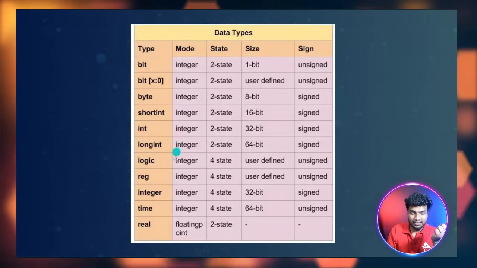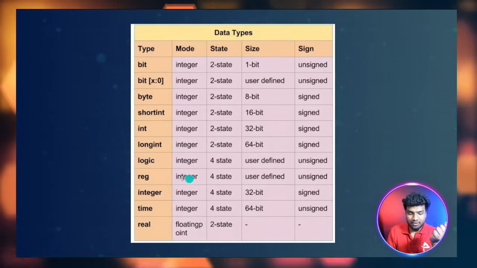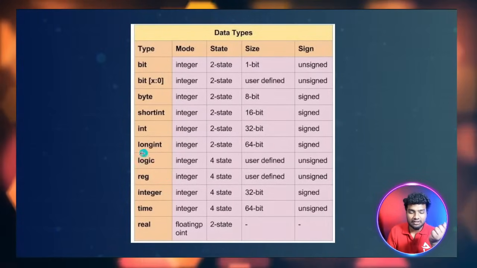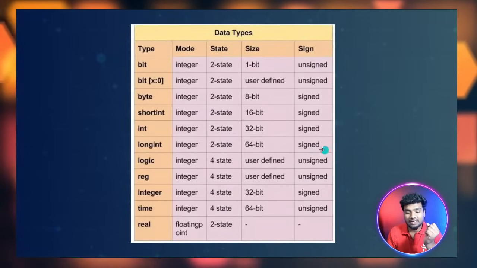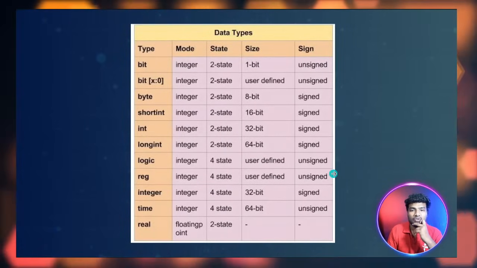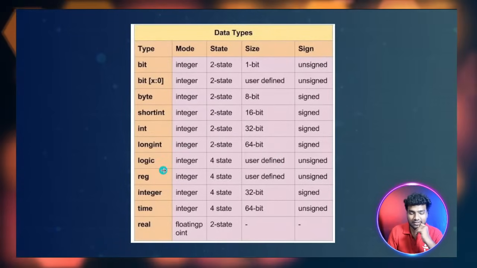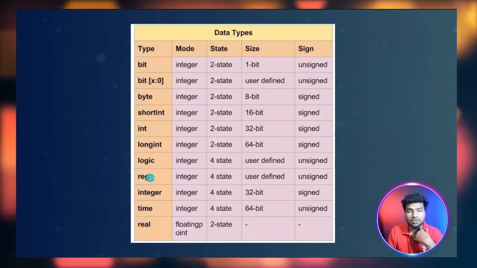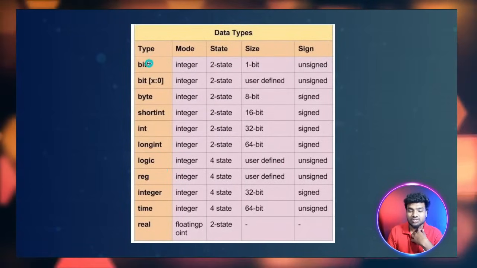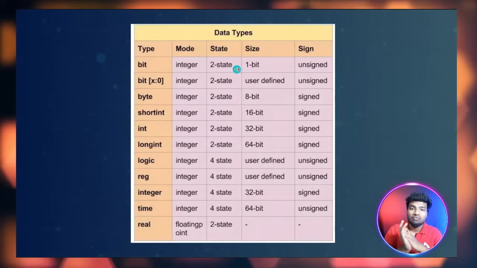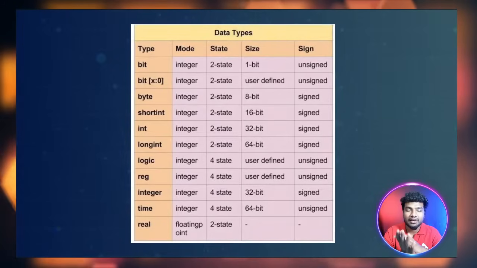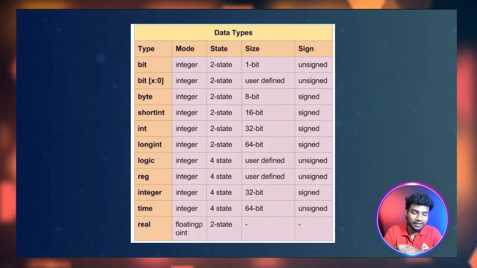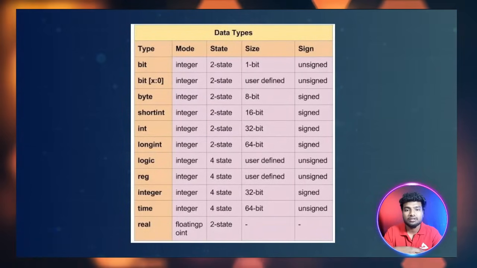Integer is also signed. But if you declare a signal with the logic data type, you can't assign a negative value, because it is unsigned in nature. Logic is unsigned in nature, reg is also unsigned, and bit is also unsigned. So we can assign only positive values to bit, reg, and logic keywords.